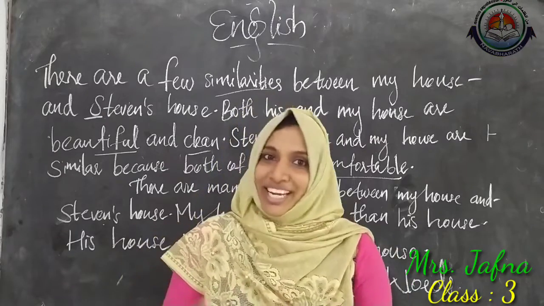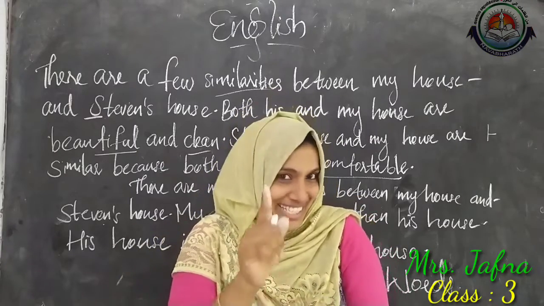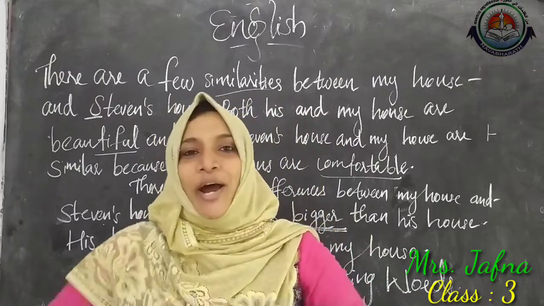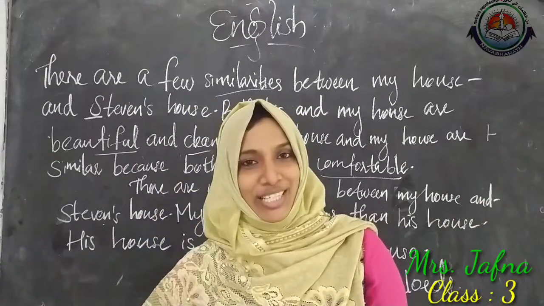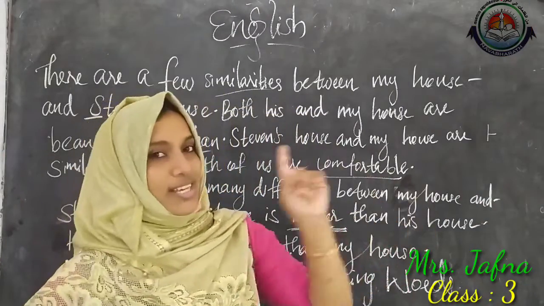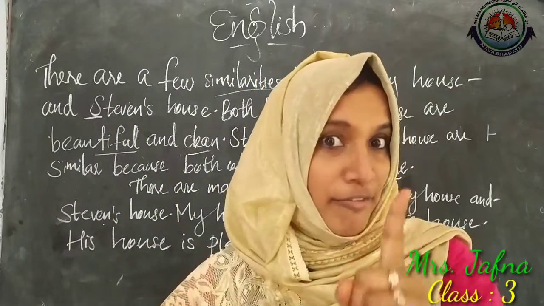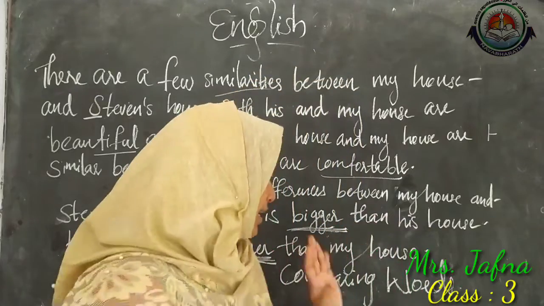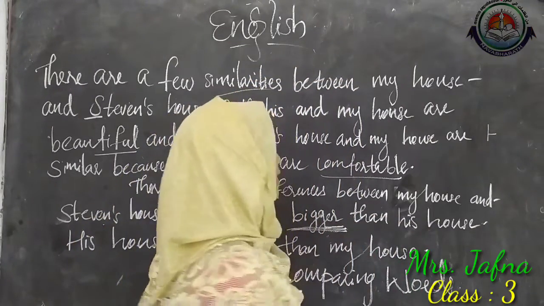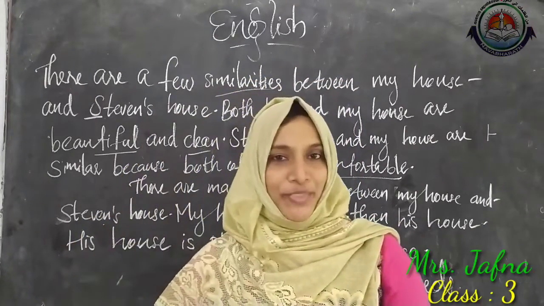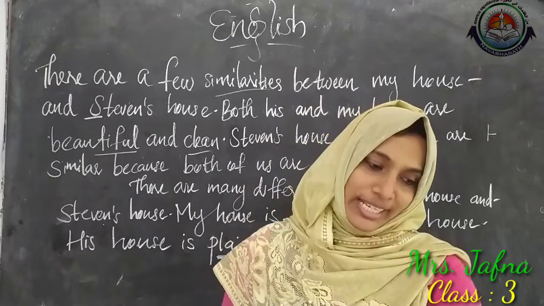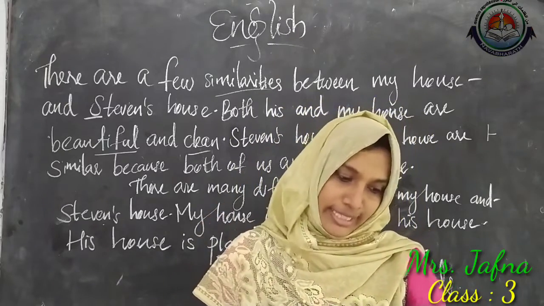I am trying to say beautifuler, but it is wrong. You can say like more beautiful. So these words we call comparing words, by adding these er or the word more. Okay, children? Okay. So then let's go through the second one.